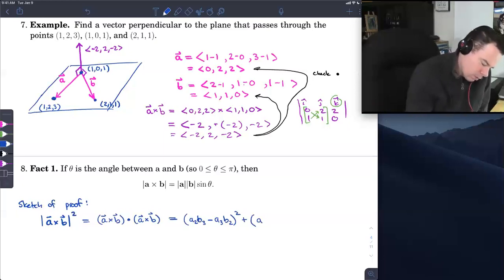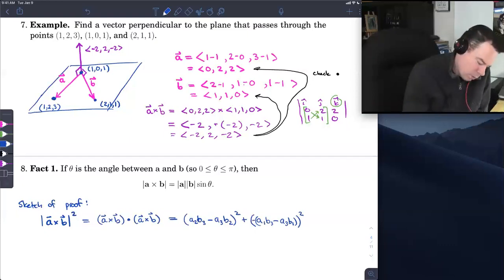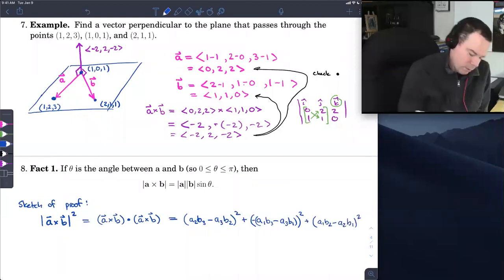So it's the negative of A1 B3 minus A3 B1, squared. And so that negative really doesn't matter because I'm squaring it anyways. And then we've got the last component, which is (A1 B2 minus A2 B1) squared.